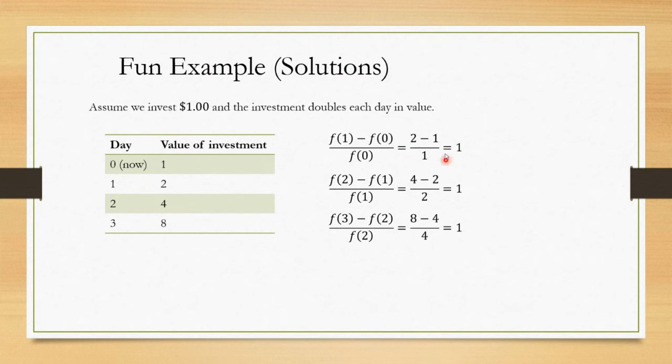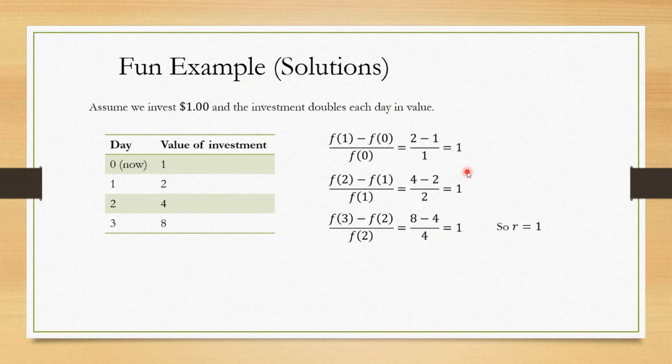From F of 0 to get F of 1, you add on 100% of F of 0 to itself, and so on. Here we have it as a decimal, not a percent, but R is going to be 1.